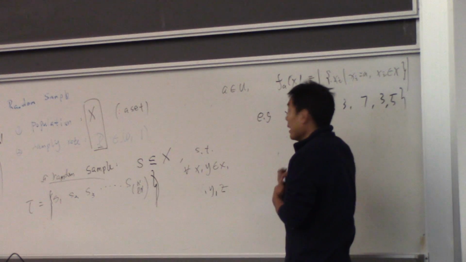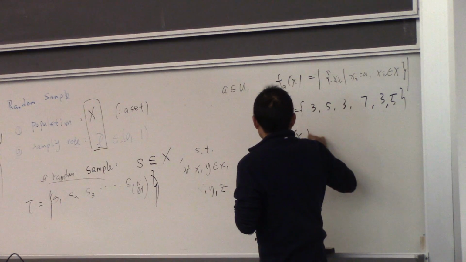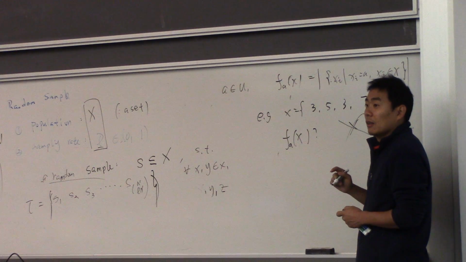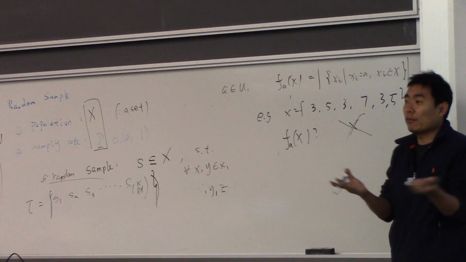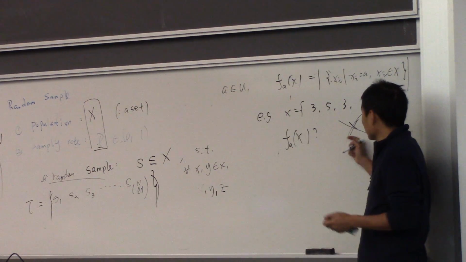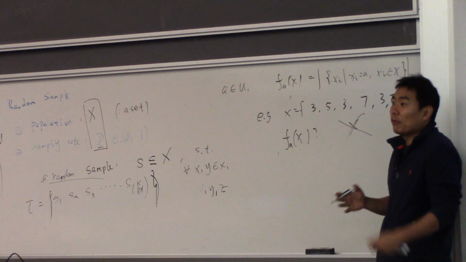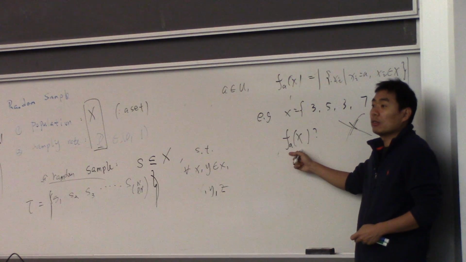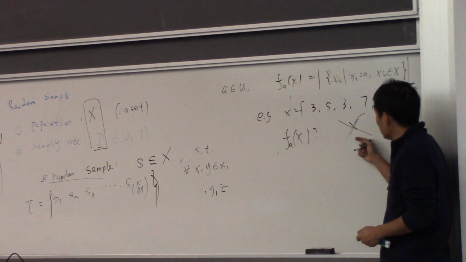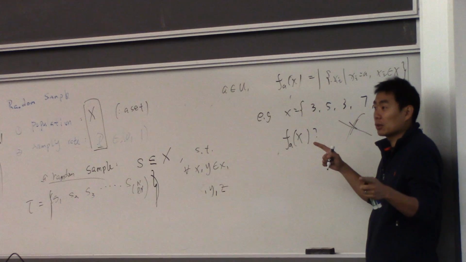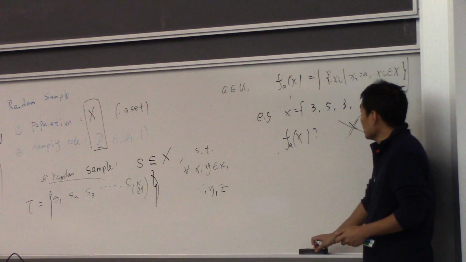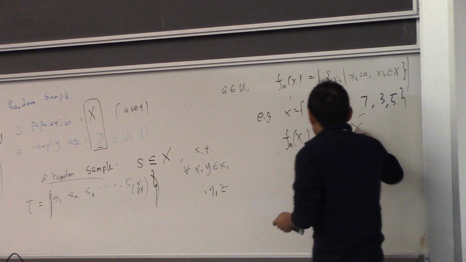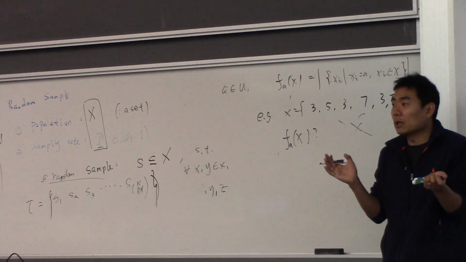So the question is, how can you estimate f_a(X) when you do not have X itself? This is the same problem as the motivation for building a histogram, right? If you have access to the entire table, if you are willing to pay that cost, linear scan the table or store the entire table, yes, you can estimate the frequency very accurately. But then you need to pay a linear cost, which is to scan X or store X. So the question here is, can we estimate this without actually paying a linear cost? X could be the US population, 300 million, or 400 million.